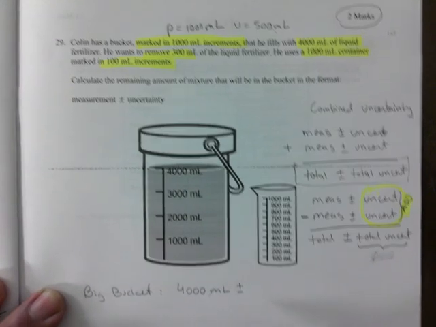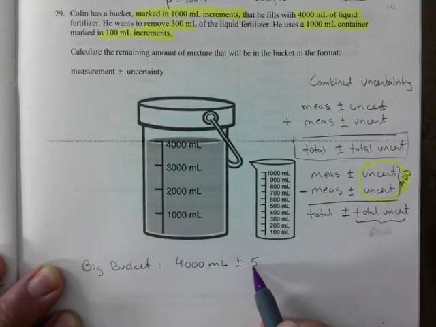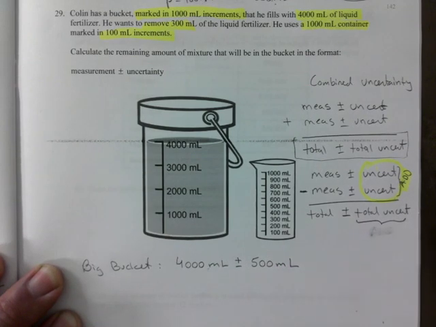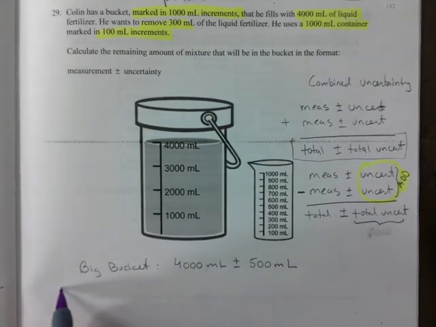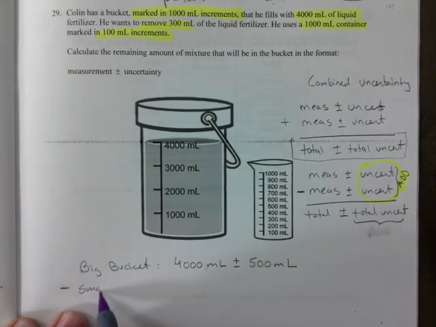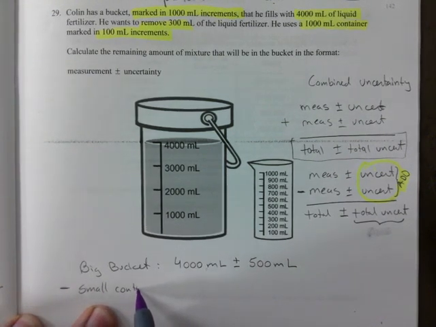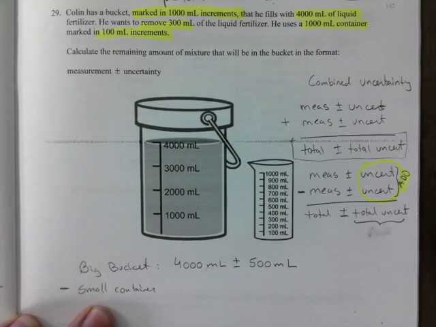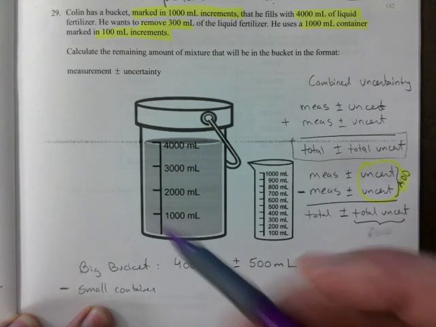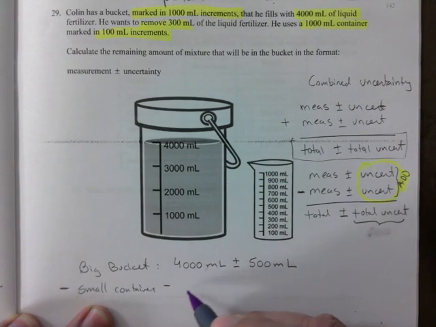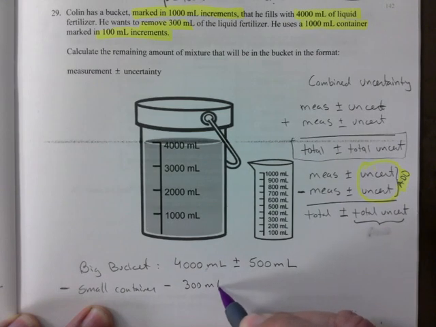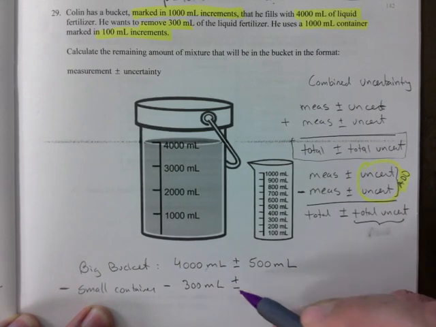So you go back down here and you say, that is my big bucket. I'm going to subtract the small container. How much do you want to remove? It says it in the question: 300 mLs. So we're going to go minus 300 mLs plus or minus.